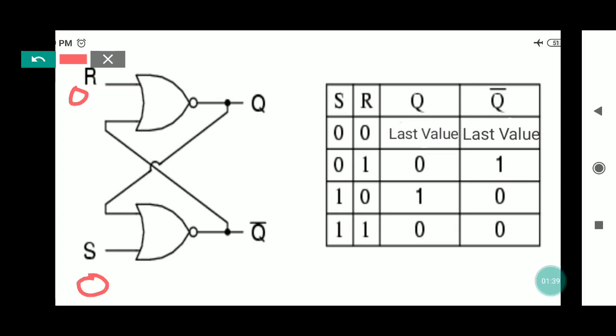Okay, so we can't say anything about the output, because if it is 0 here, the NOR gate will give 1, and if the second input is 1, NOR gate will give 0 here, because we know in NOR gate, if any input is high, it will give 0. Otherwise, if the inputs are 0, 0, it will give 1, or we can say high.